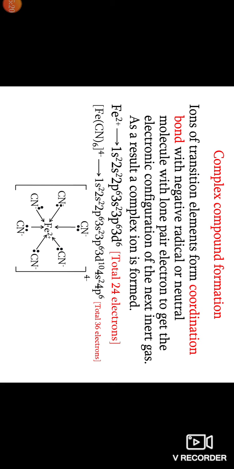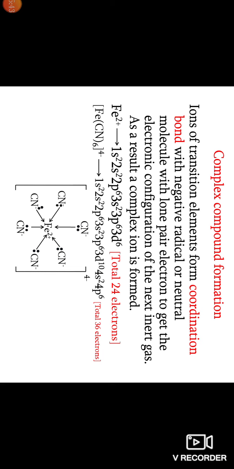which is called a complex ion, and the name of this new ion, which is charged -4, is ferrocyanide ion. The charge is calculated by the summation of the charge of the central metal ion with the charge of the negative radical or neutral molecule with which the central metal ion is forming coordination bonds.